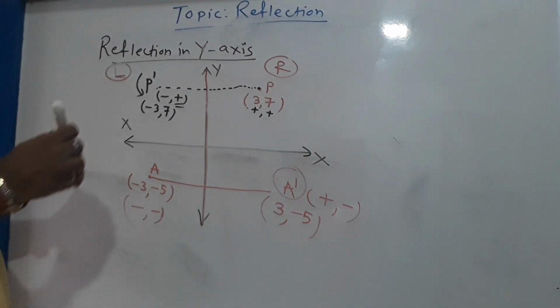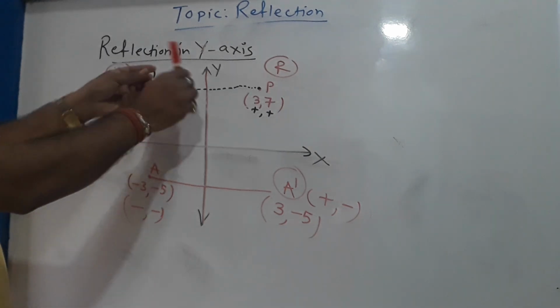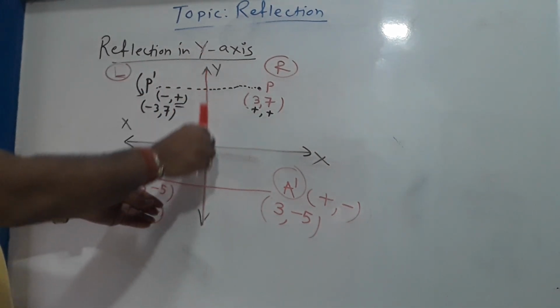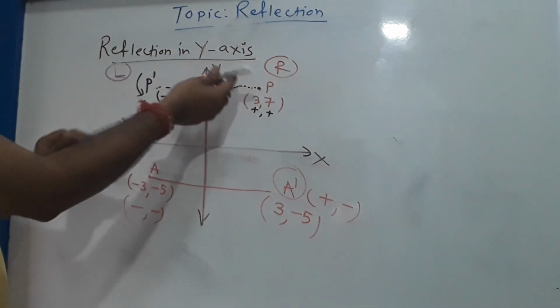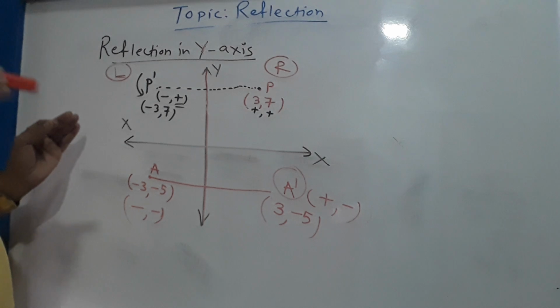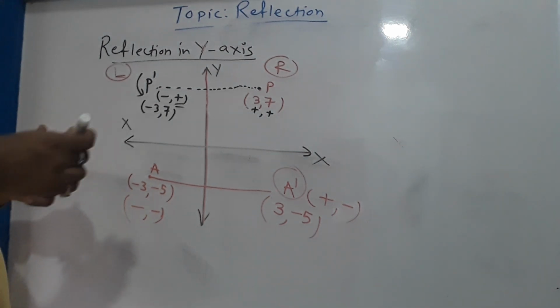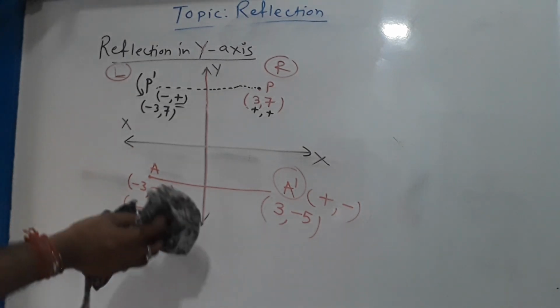So when we take reflection in the y-axis, the y-axis will be fixed, or the y-axis will be the mirror. So the left point will go to the right, the right point will go to the left. The value of the coordinate will remain the same, only we have to change the sign of the coordinate depending on the quadrant in which it lies.